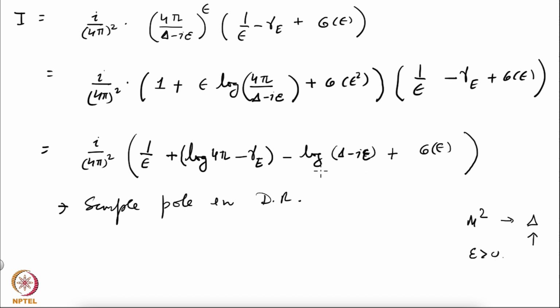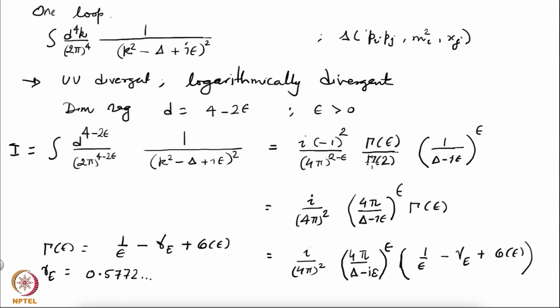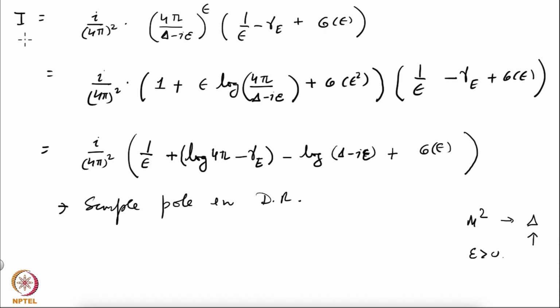So one has to be careful with the arguments of log, and keep track of the I epsilons. Is there anything else? No. As far as this integral is concerned, when I use dimensional regularization and go to the epsilon going to 0 limit, this is the form of the integral I get.